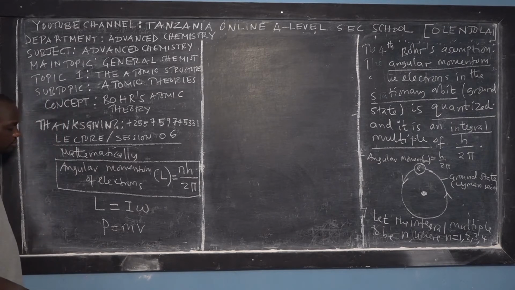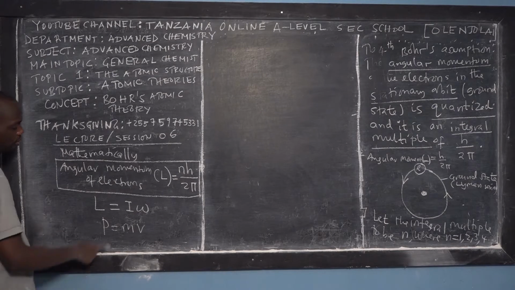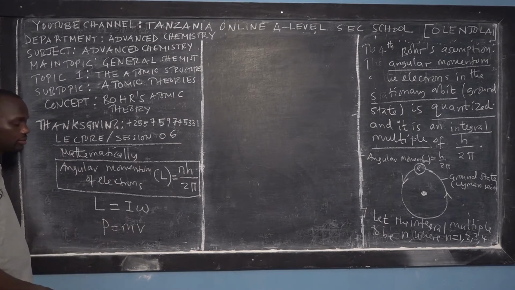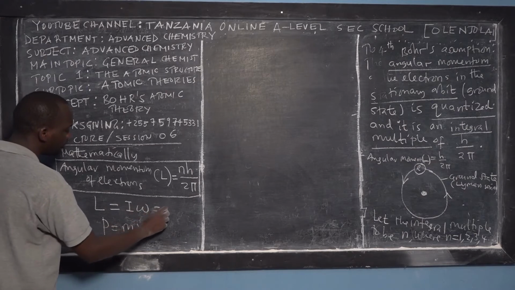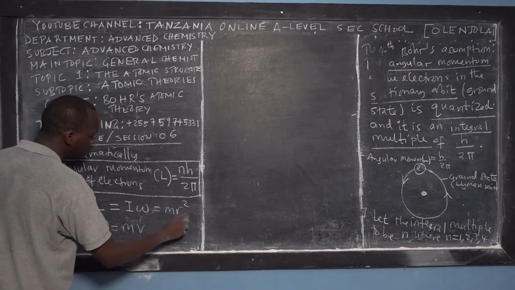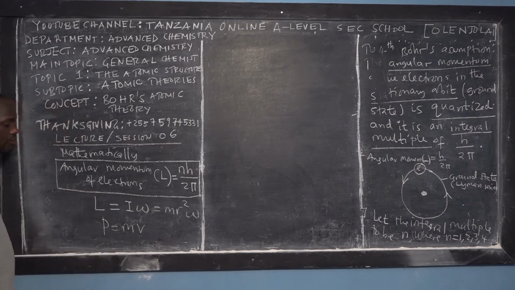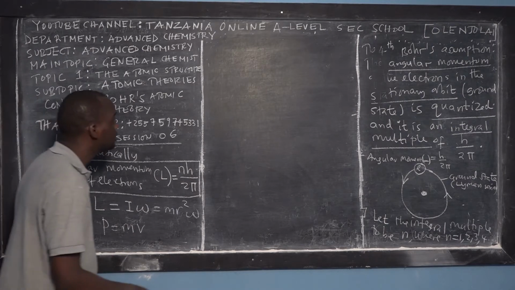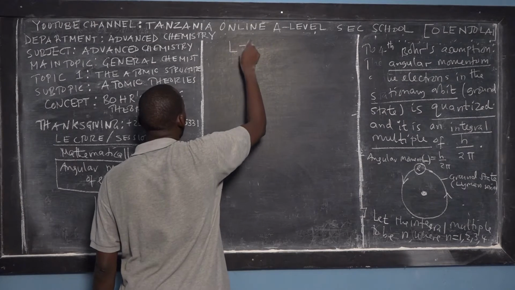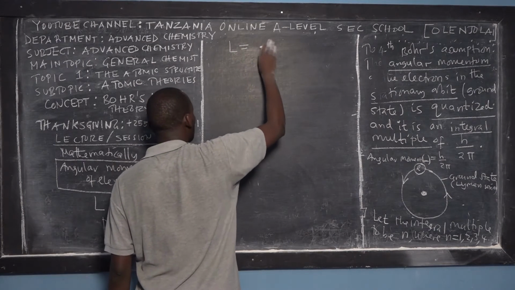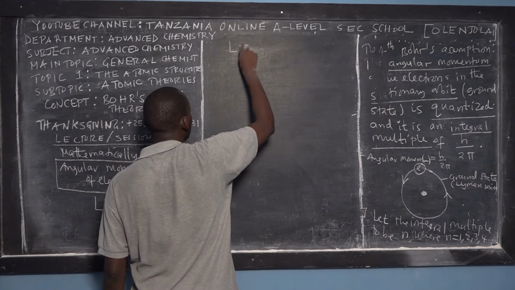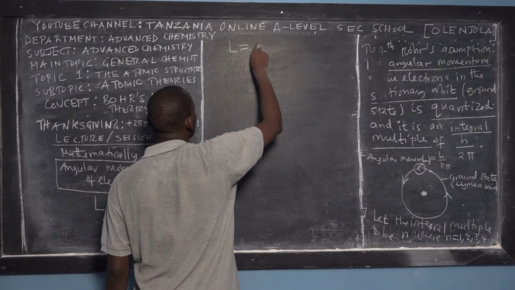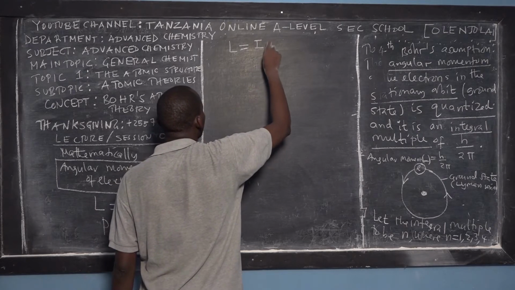So that's the formula. It means moment of inertia times angular velocity. But the moment of inertia of the body should be mass times radius squared, times angular velocity. Right? So that's the case. It means that angular momentum from the physics perspective is given as moment of inertia times what?